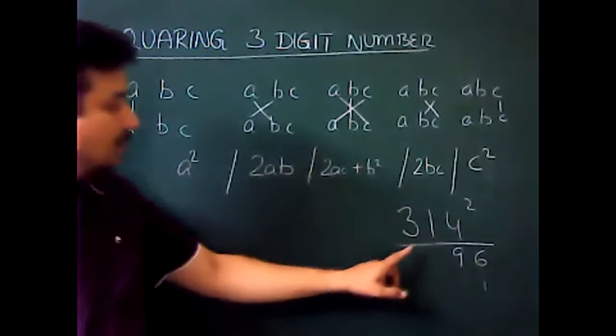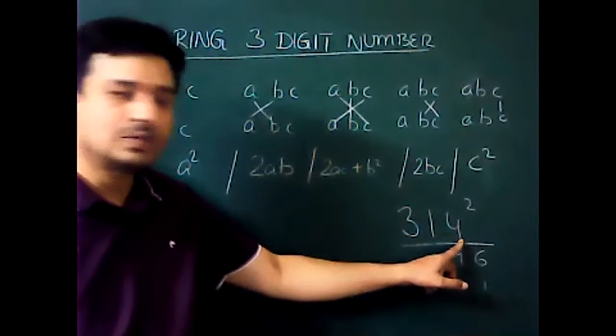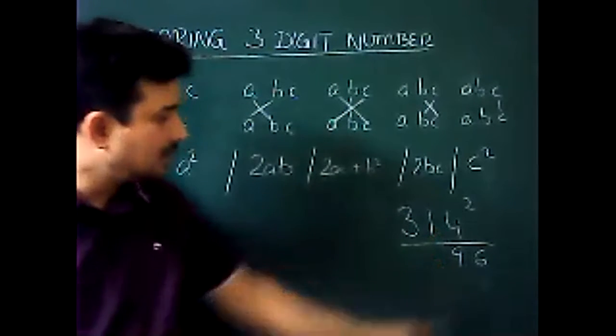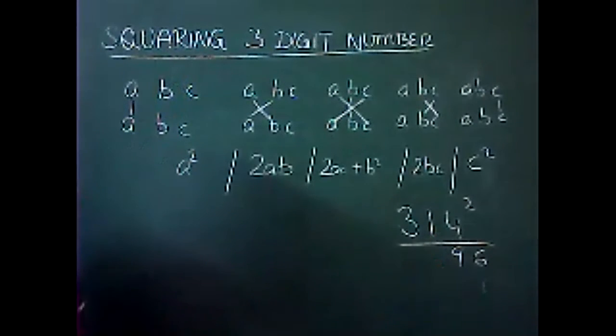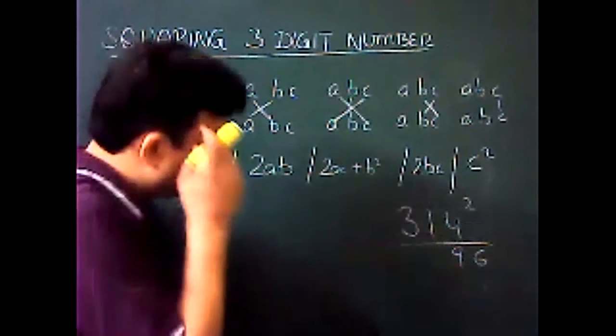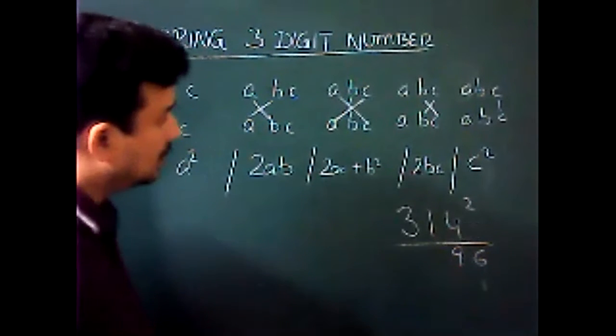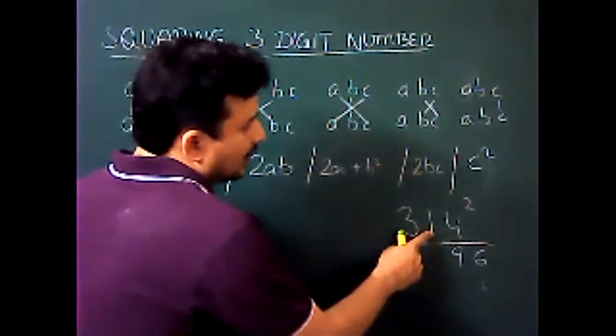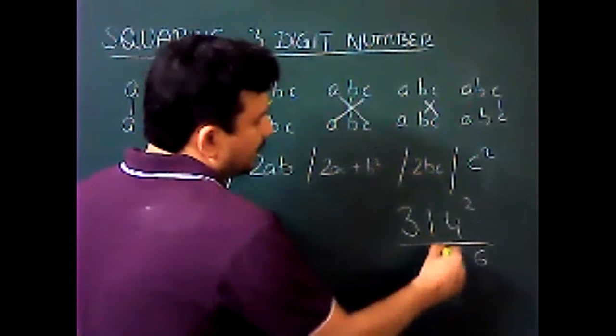The third step, 3 into 4 is 12. 12 plus 1 is 13. And no carry. So this is 4 3s are 12, double it becomes 24 plus 1, 25.